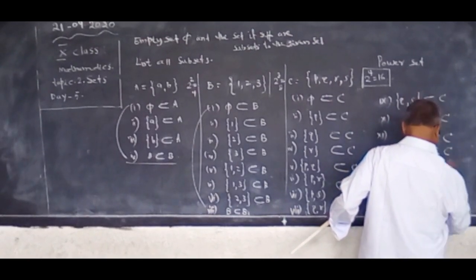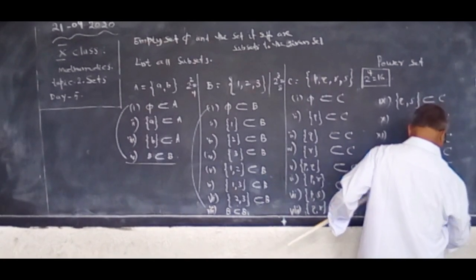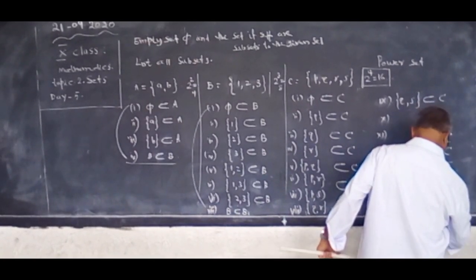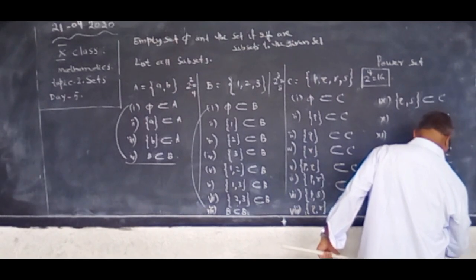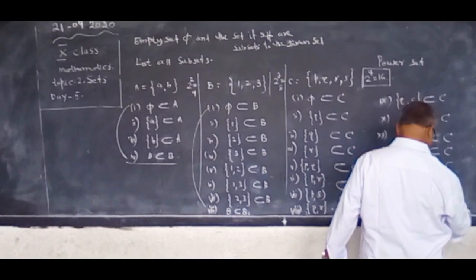Set C, subsets of C. 1, 2, 3, 4, 5, 6, 7, 8.